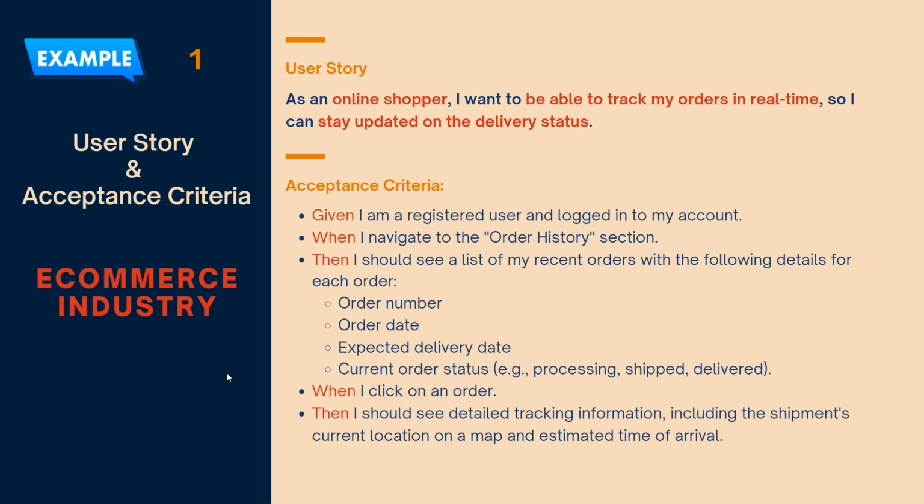When I click on an order, so now I have the order list and I'm talking about clicking on one particular order, then I should see detailed tracking information, including the shipment's current location on the map and estimated time of arrival. Whatever your way of fetching that information, you will follow that approach. But the developer will understand by reading this what the expectation is. So that is one example to explain how we write a user story and acceptance criteria.